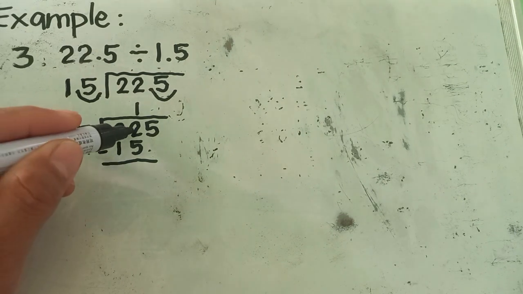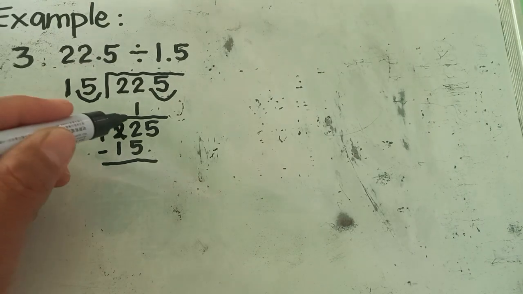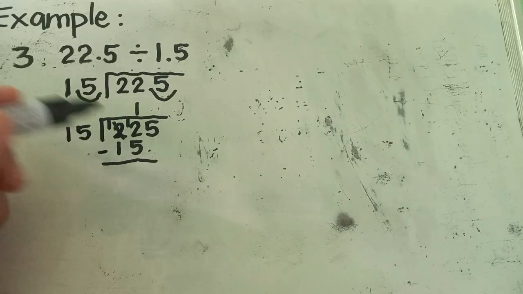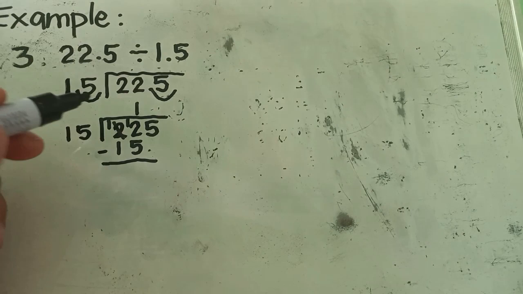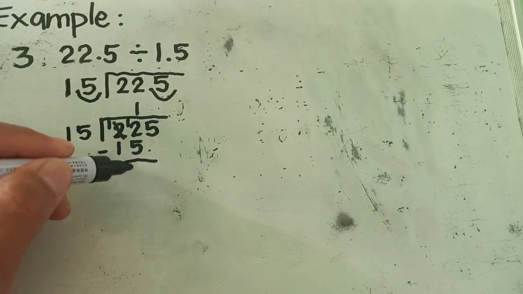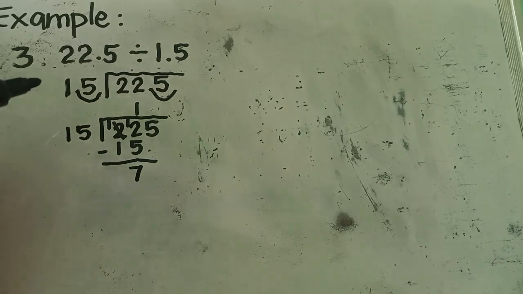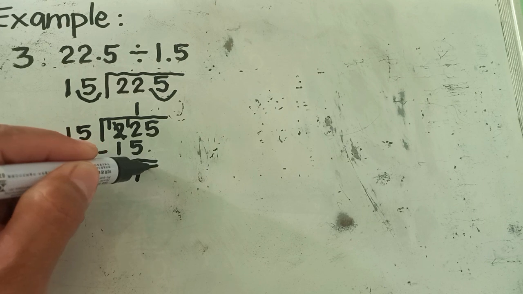So, borrow 1 from 2, and 2 becomes 1, and the other 2 becomes 12. So, pwede na tayo mag-divide. Malaki na ang ating 2, nagiging 12 na. So, 12 subtracted by 5 is equal to 7. Then, sunod, bring down 5.